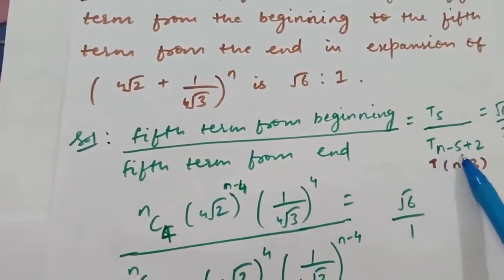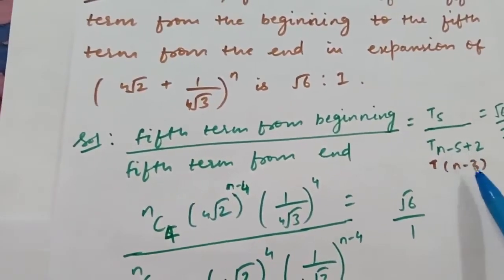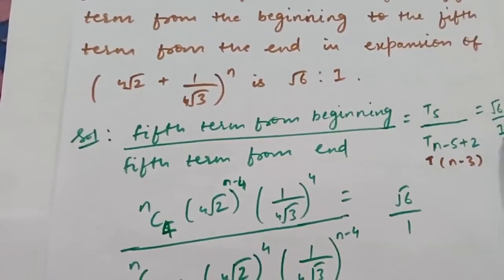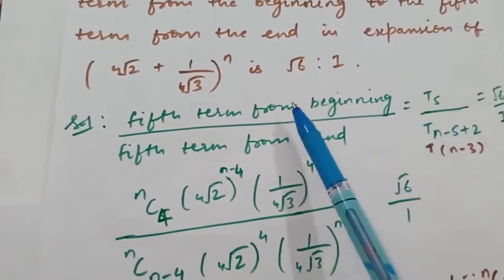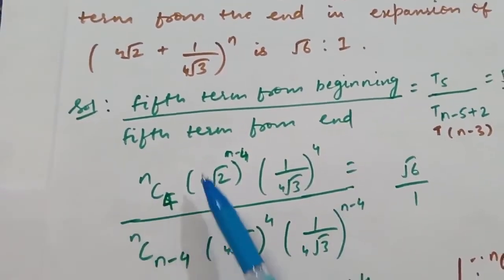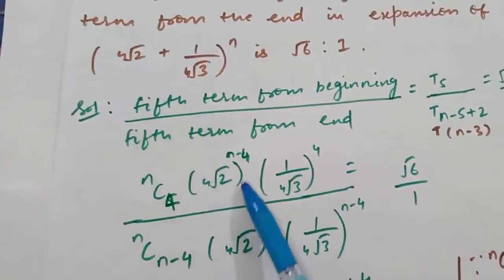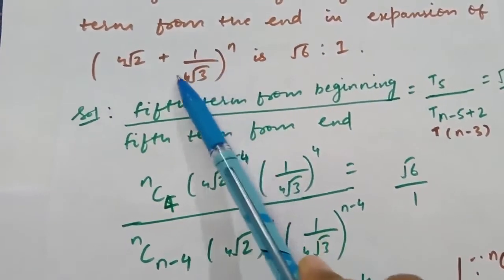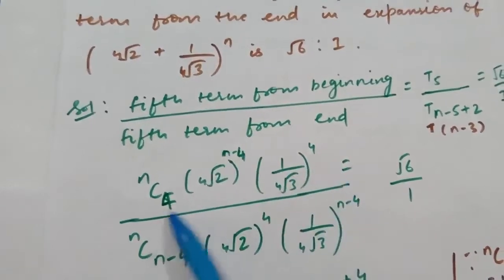So n minus 5 plus 2, which is n minus 3, and it is given equal to root 6 upon 1. So fifth term from the beginning will be nc4, this raised to the power n minus 4 and 1 upon fourth root of 3 raised to the power 4.